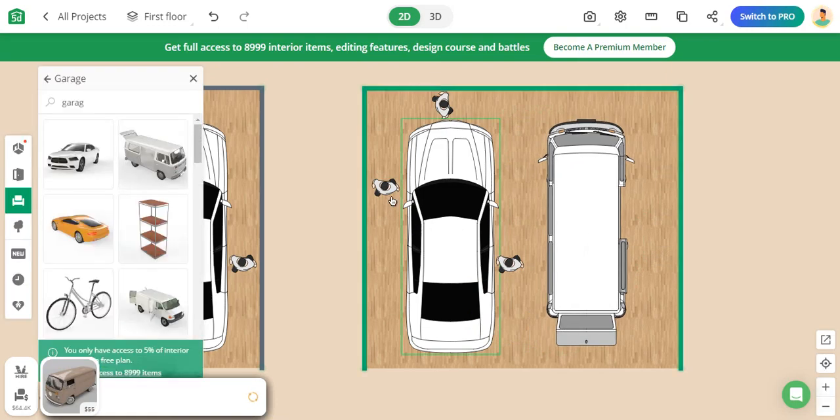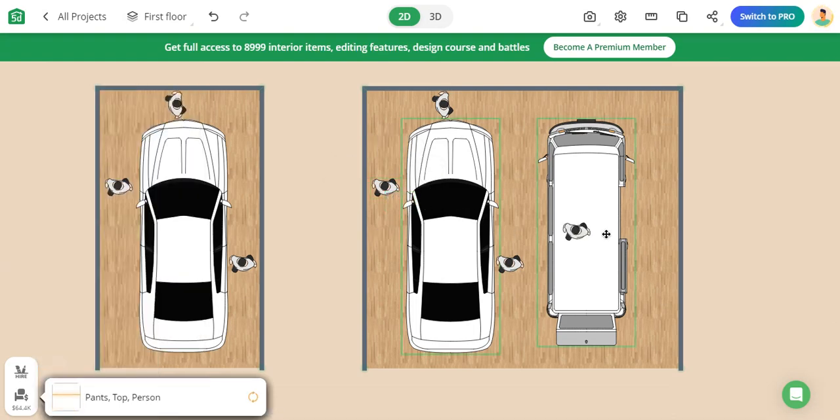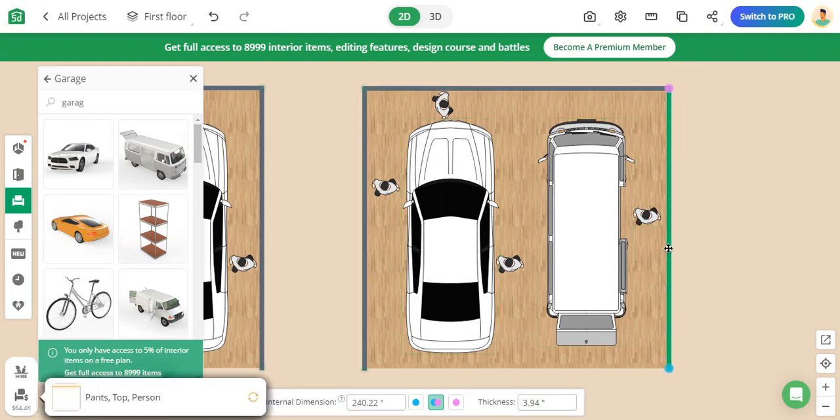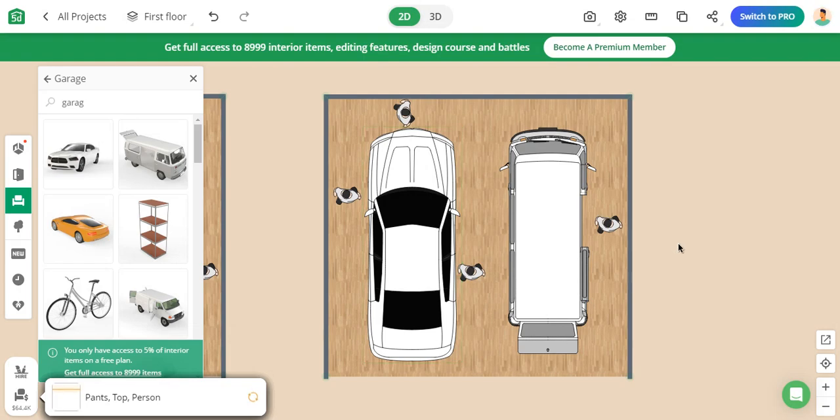If that's the case, then you do have to create a space for the person walking around it, and then you can adjust the room size and determine the most efficient size for the garage.